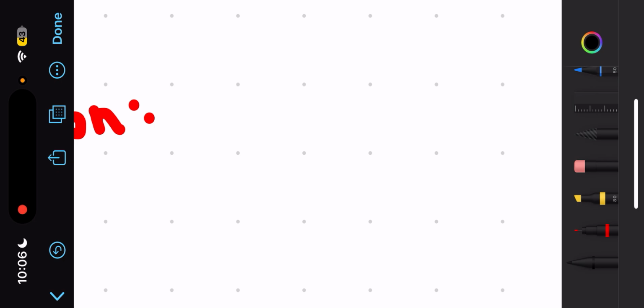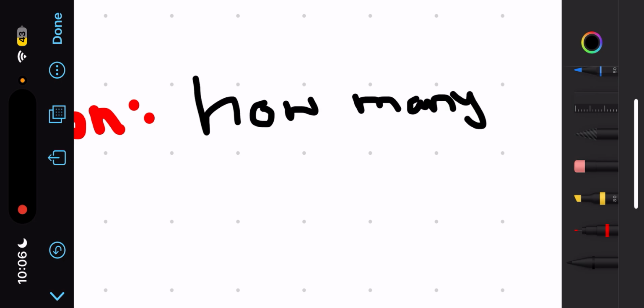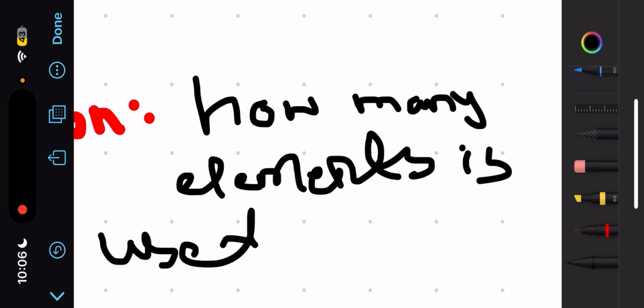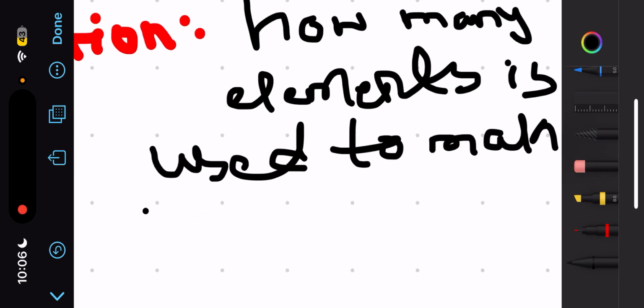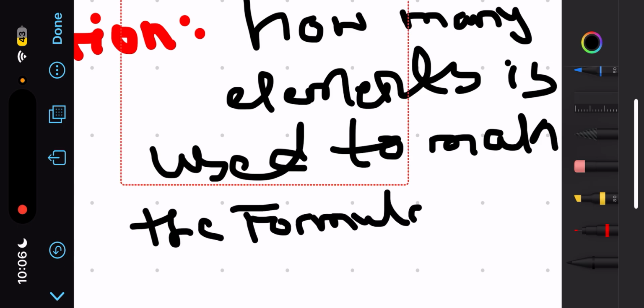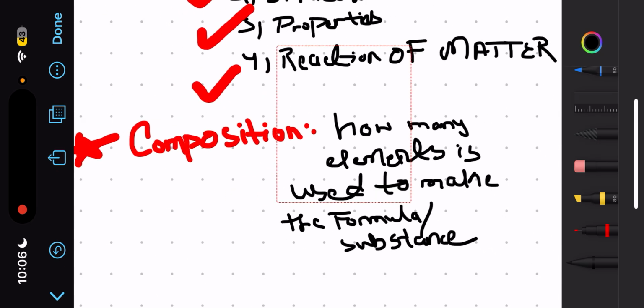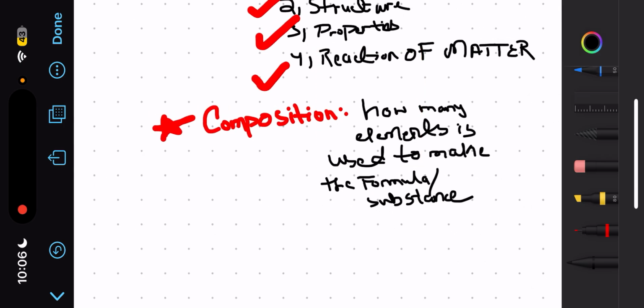Let me write it also: how many elements are used to make the formula or substance.